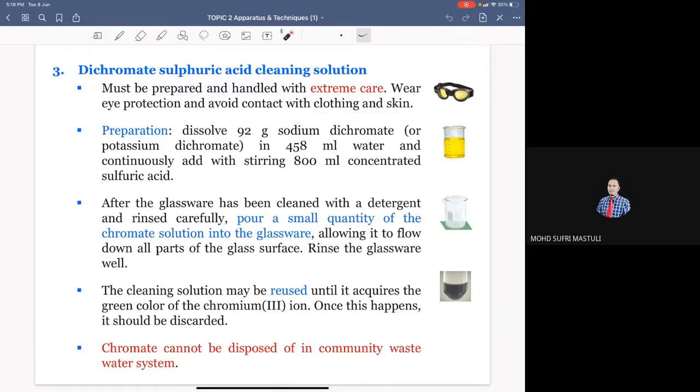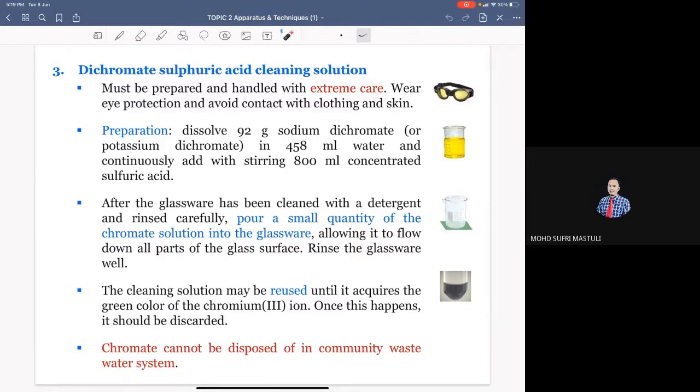This is how to prepare the dichromate sulfuric acid. We dissolve sodium dichromate, or we can also use potassium dichromate, in water, and then we add concentrated sulfuric acid in order to get the dichromate sulfuric acid.